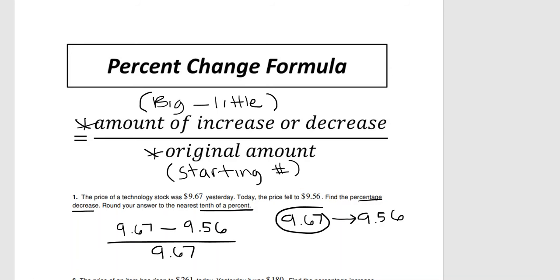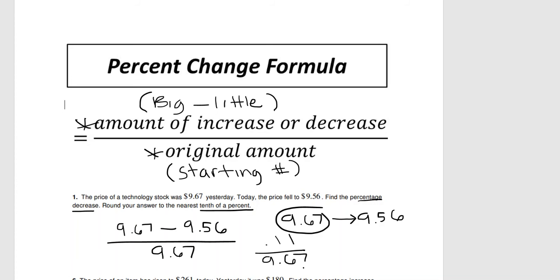Okay, so when I do $9.67 and I subtract $9.56, I get 0.11, and then I'm going to take 0.11 and divide by 9.67. So 0.11 divided by 9.67.